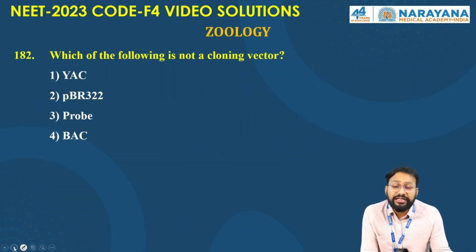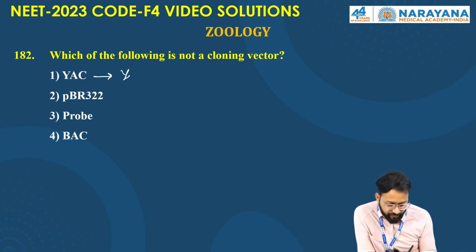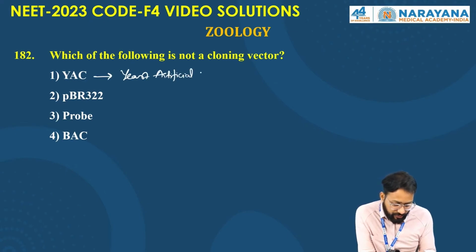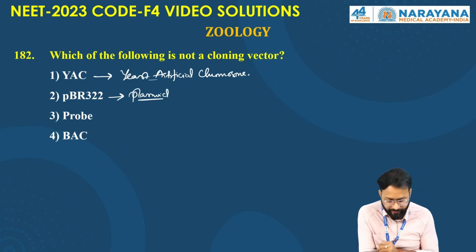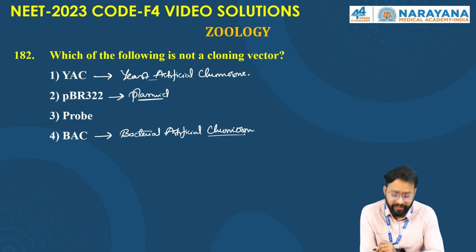Which of the following is not a cloning vector? YAC, yeast artificial chromosome. PBR 322, it is a plasmid vector. BAC, bacterial artificial chromosome. Right? So these are the different types of vectors.